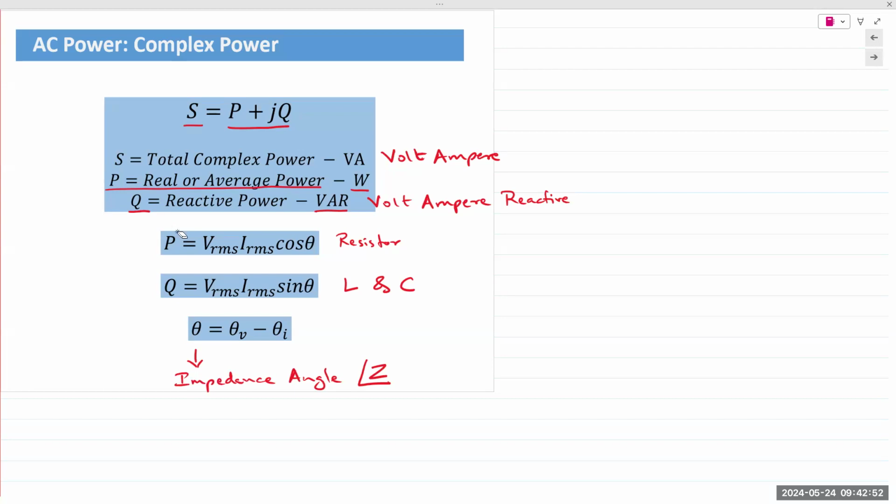Theta Z, theta ZL and theta ZC. Because impedance is also the phase difference between the voltage and the current, theta V minus theta I. So impedance angle and power angle are exactly the same.